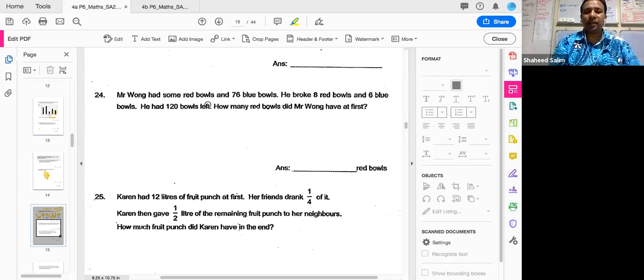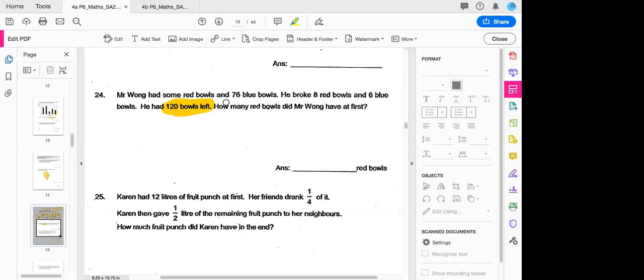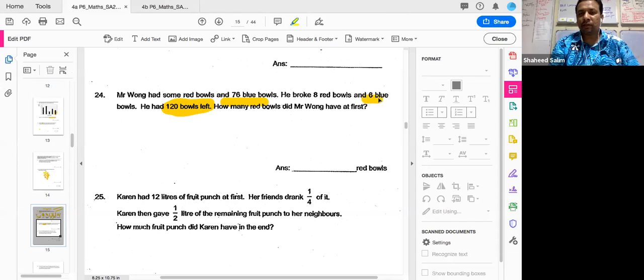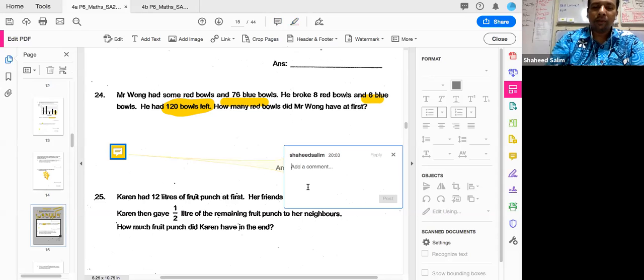So down here, this is the number of bowls he has left after breaking the bowls, right? So yeah, correct. So down here we want to find how many blue bowls were left. 76 minus 6, you had 70 blue bowls left, right? That's the first step.